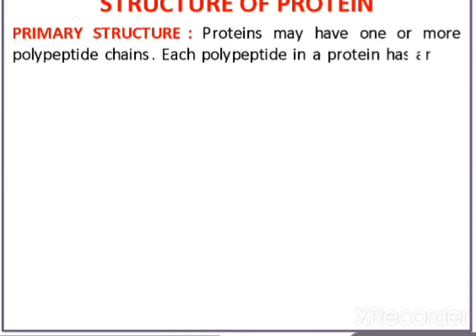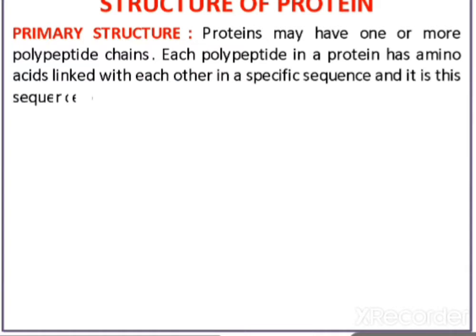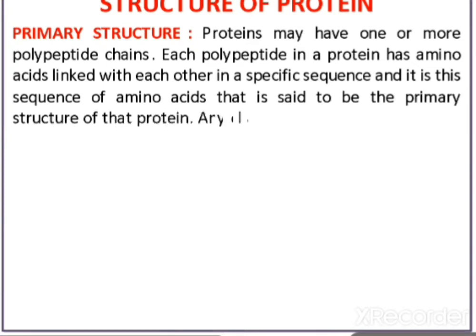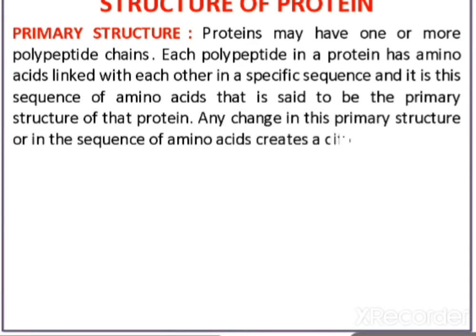The proteins may have one or more polypeptide chains. Each polypeptide in a protein has amino acids linked with each other in a specific sequence, and it is this sequence of amino acids that is said to be the primary structure of that protein. Any change in this primary structure, or in the sequence of amino acids, creates a different protein.